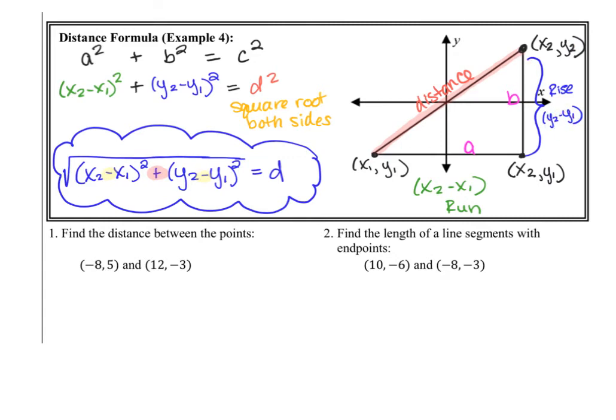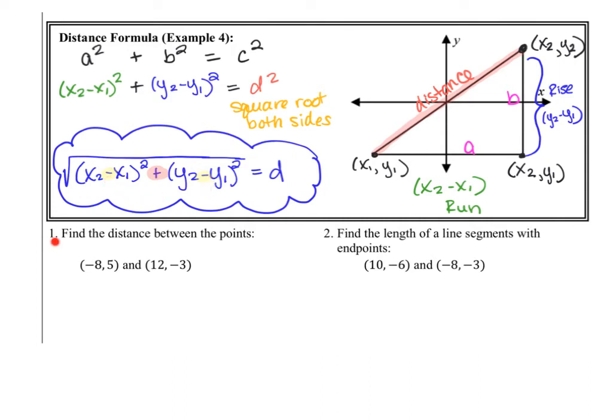So instead of putting the B, you would put the difference between the y coordinates here and then square it. When you add all of these together, it would be equal to the distance squared. That will help you remember that it's a plus sign in the middle and that subtracting the points will give you the distance, so there's a subtraction sign inside the parentheses.